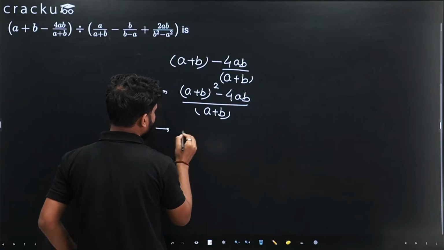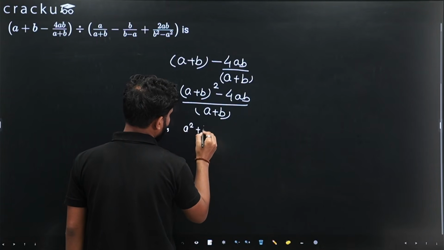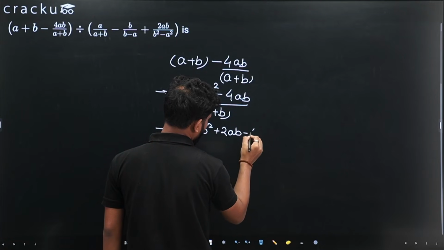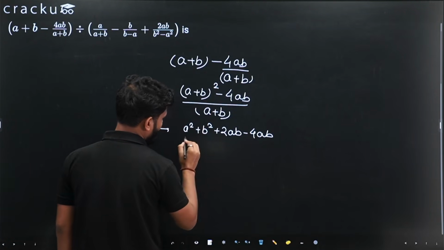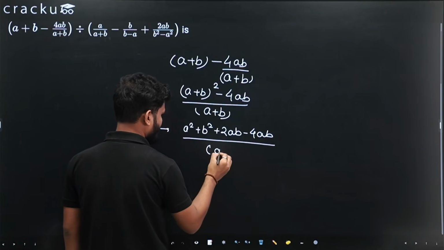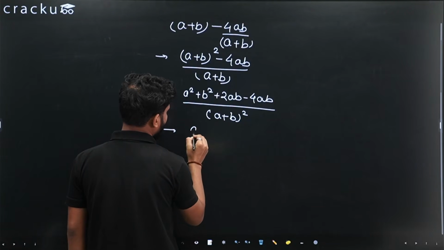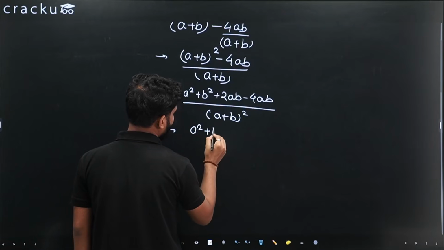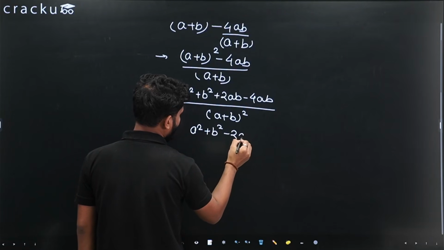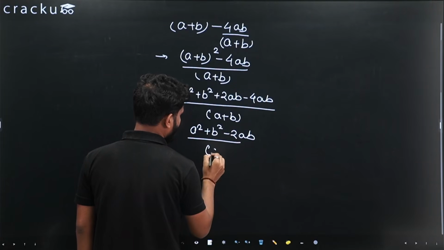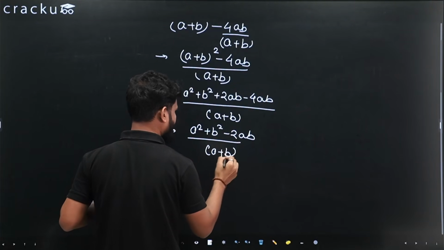What is A plus B whole square? A square plus B square plus 2AB minus 4AB upon A plus B. From here I can write A square plus B square minus 2AB upon, sorry, this is not whole square here, upon A plus B. Correct?